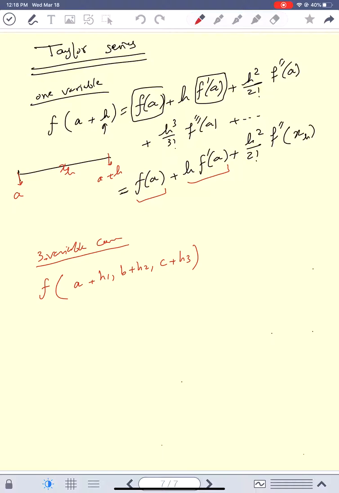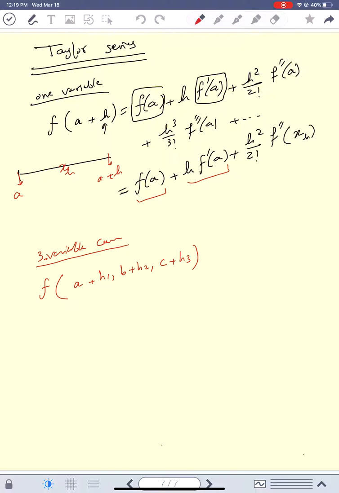The point is I know the values of the function at a point a, b, c in R3. From a, b, c, I want to determine the values of the function at another point, a plus h1, b plus h2, and so on. Okay, so I want to determine the value of this point using the values of the function at this point. This is the idea of the Taylor series for functions of multi-variables.